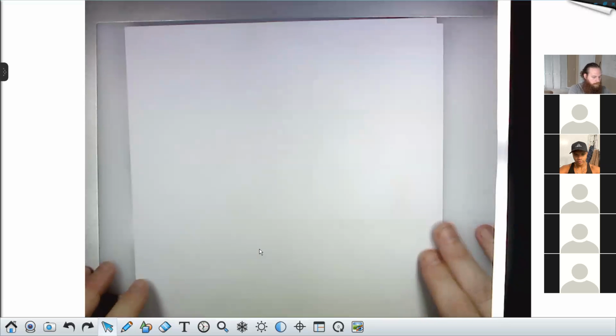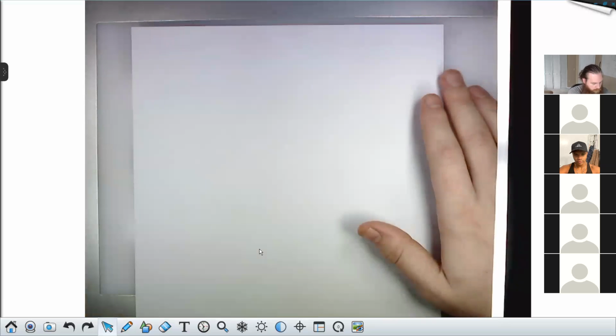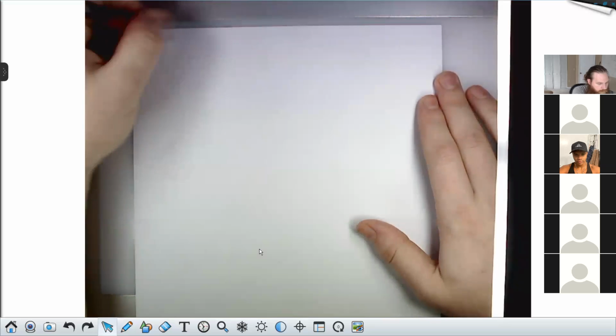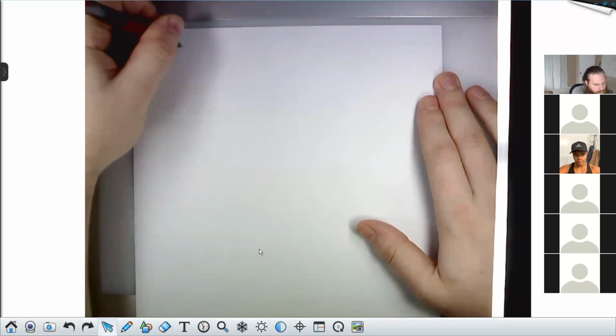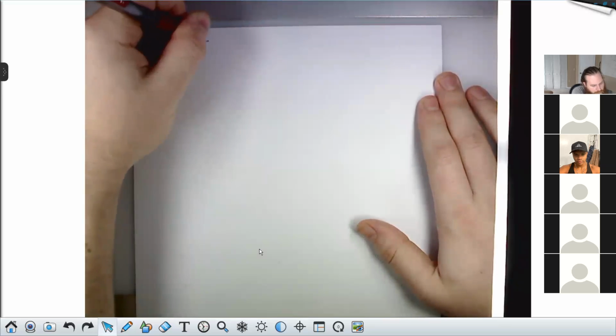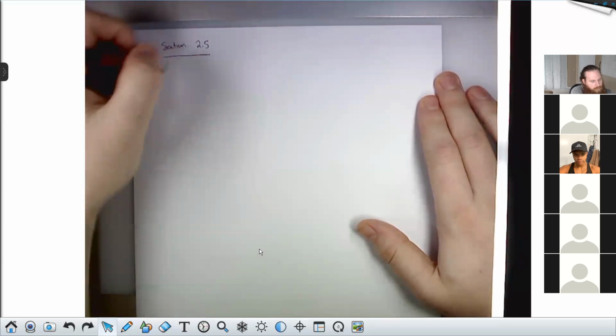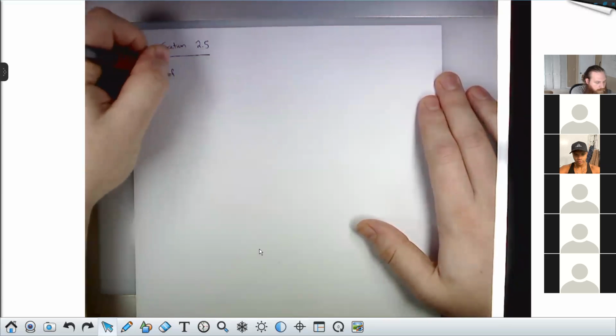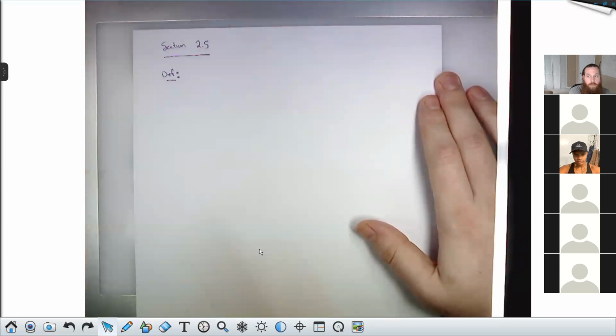Next time we will pick up here. This is section 2.5. Continuity is something that happens one point at a time.